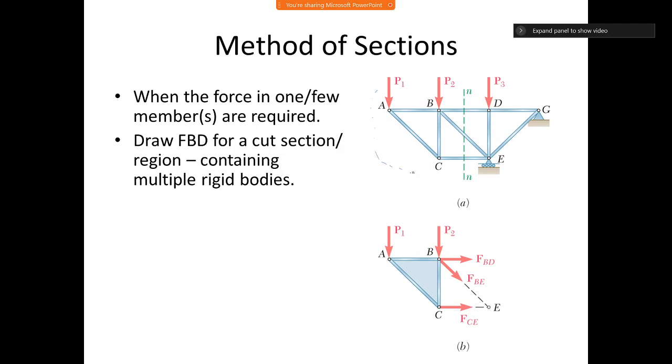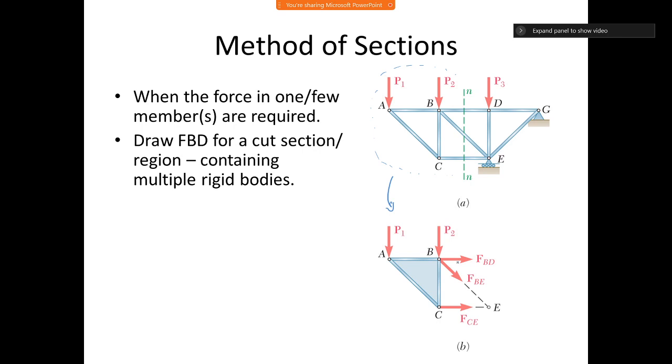We consider this left hand portion drawn separately, and we draw the free body diagram for this section, which is a part of the structure, not the whole structure, a cut section. Now this is the free body diagram.